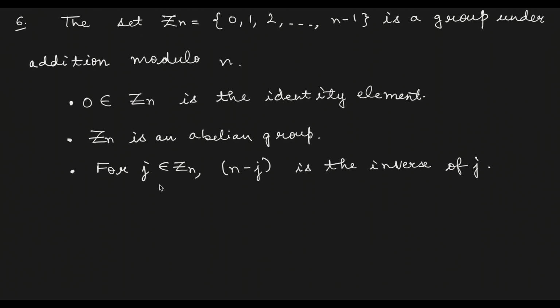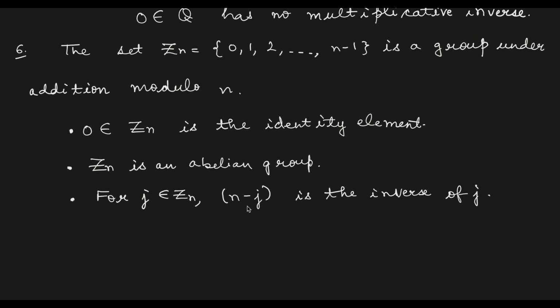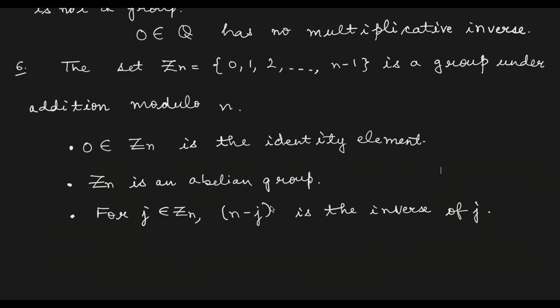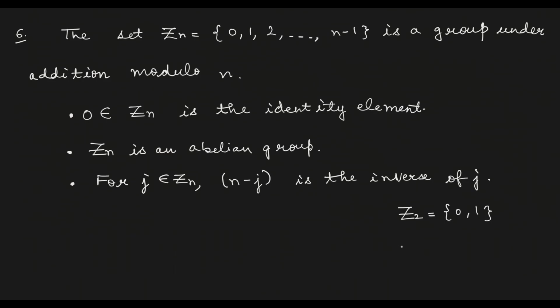So for this, the inverse will be, for j belongs to Zn, n minus j is the inverse of j. For example, if I take a simple example Z2, then Z2 is 0, 1. If I take any element from this, 1 belongs to Z2, then n is 2. So 2 minus 1, 1 is the inverse of 1.